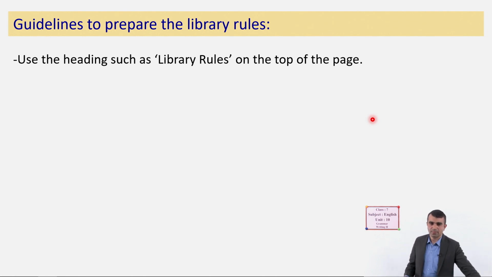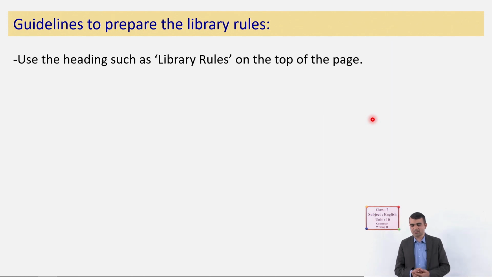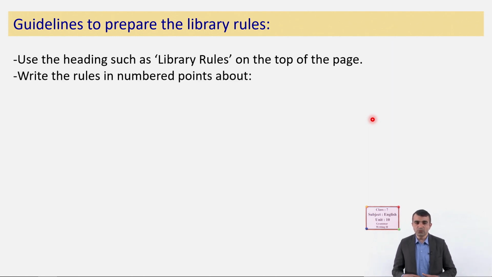Finished. Now next, write the rules in number points, means 1, 2, 3, 4, 5 or A, B, C, D. You can write 1, 2, 3, 4, so that you can count how many rules you have written. Number points about what?